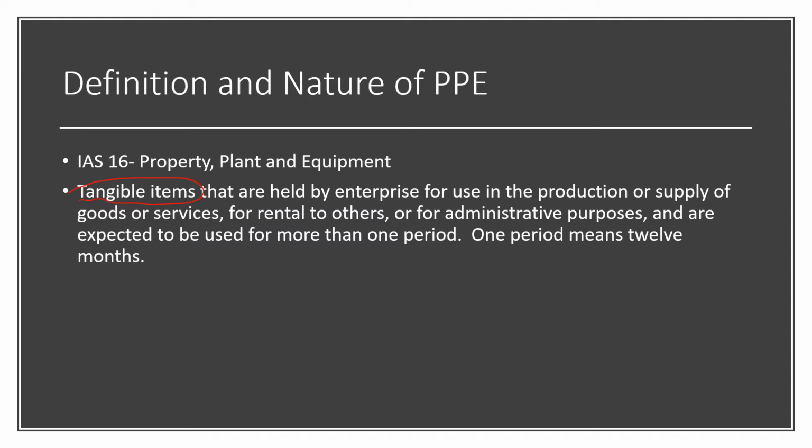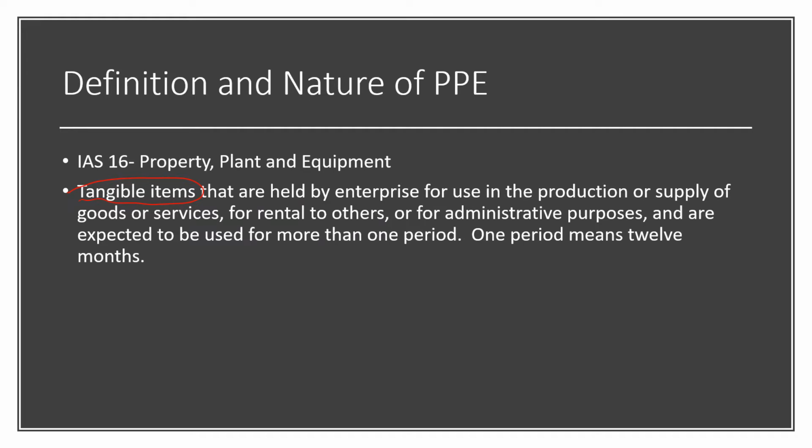So it should be separated from other assets, for example, goodwill or other intangible assets like a license from the government, like a franchise. A franchise is also an asset because using the franchise, the company can generate economic benefits from its use.